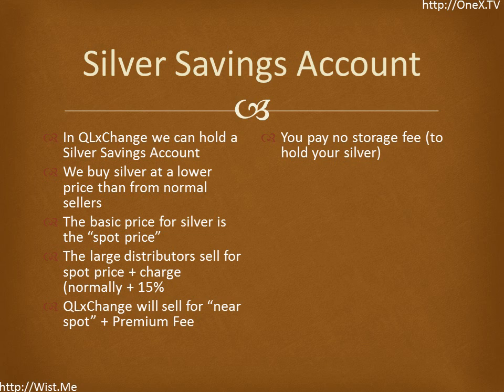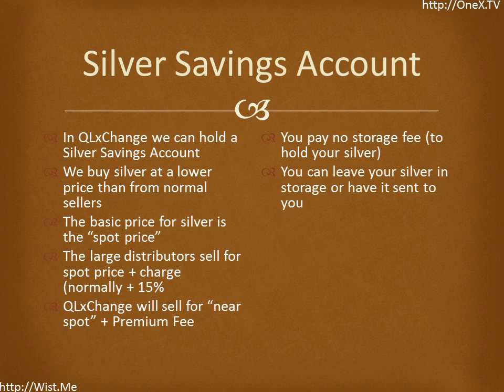Alright, and that will be the price that we pay for our silver. But this fee, they call it the premium fee, depends on your Stargate level. So you pay the very low near spot price, plus you pay a premium fee.